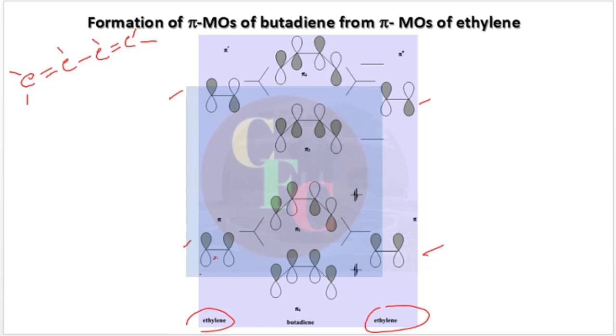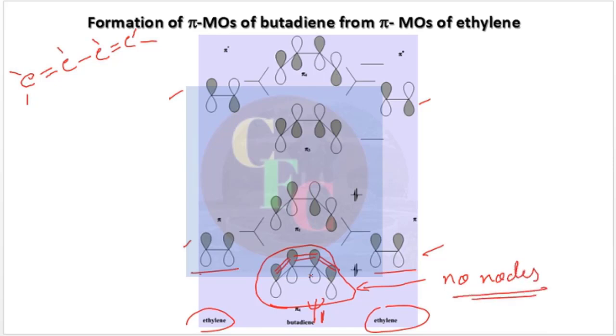If these two bonding MOs of ethylene combine constructively, you get this one. This is our psi 1, the lowest energy. And you see all the situations are bonding here, bonding, bonding, bonding. So there are no nodes.